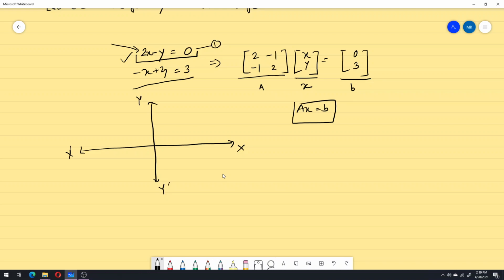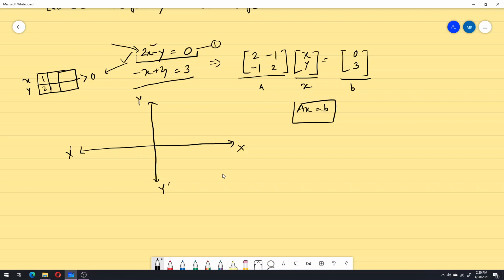To draw it, you might know this from your previous level of studies, that you have to assume two values for x and y so that it becomes 0. For example, if x has the value 1 and y has the value 2, then you will get this equation.